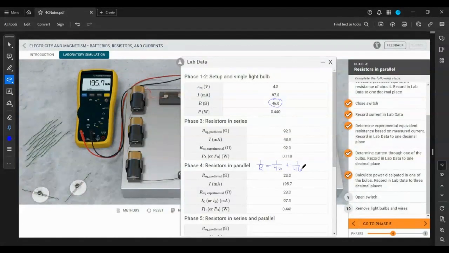Now this is simplified quite a bit because these are the same resistance light bulbs, but that's going to give us 2 over 46, which is 1 over 23. And at first glance, you might think, hey, well, that's wrong because this just says 23. But you need to remember that this is the 1 over the resistance, and that's 1 over 23. So if I have 1 over R equals 1 over 23, technically, if you wanted to, you could treat that like a proportion. And if you cross multiply it, you'd end up with just R equals 23.